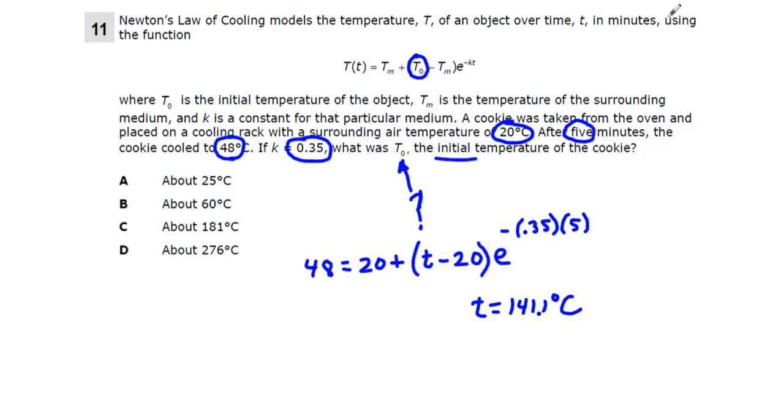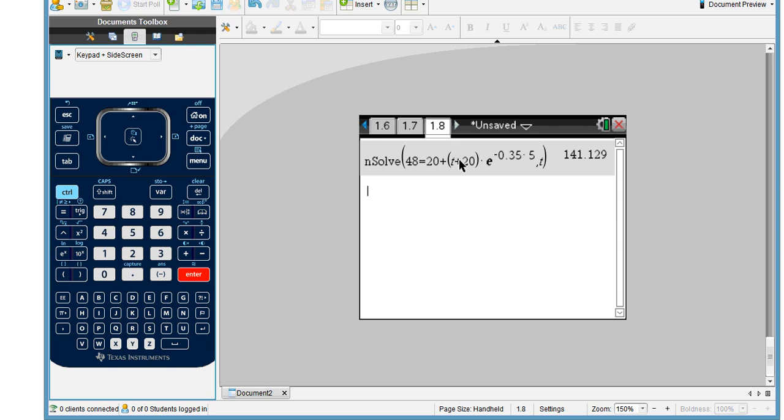Let's see what I got here. Negative 0.35 times 5, t. You know something, I know what I did wrong. That's supposed to be minus 20 there. So yeah, that's what I did wrong.